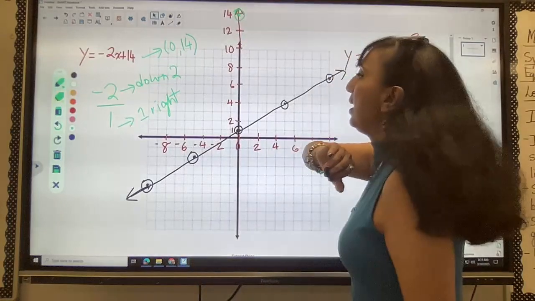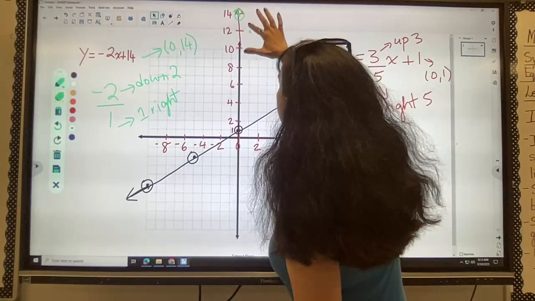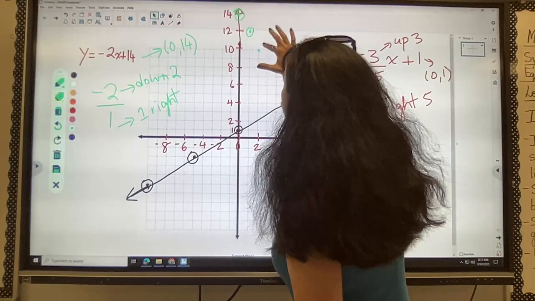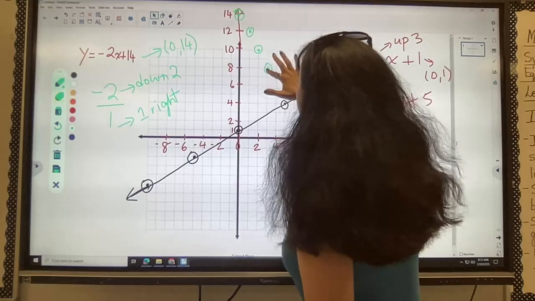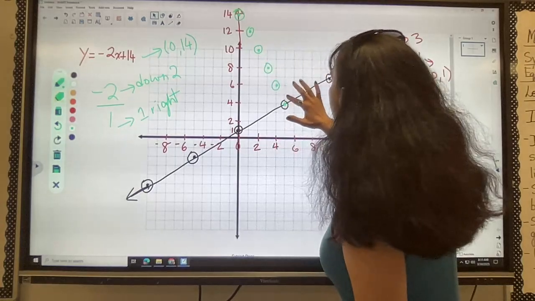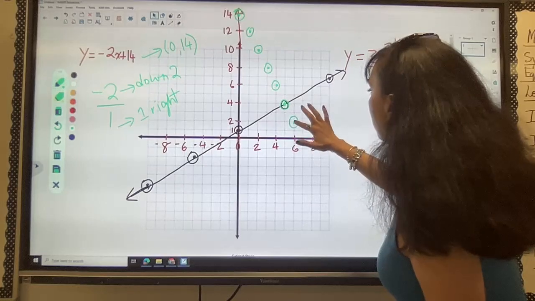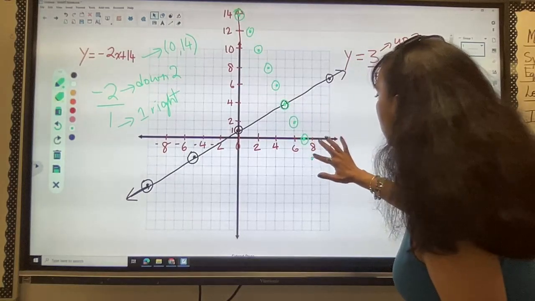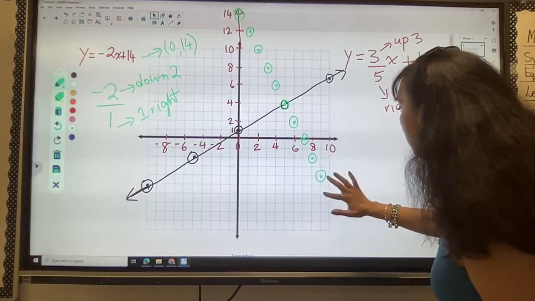Then it said we are going 2 down and 1 right. So there's my first point. 2 down, 1 right, and again, and again, and here we go.